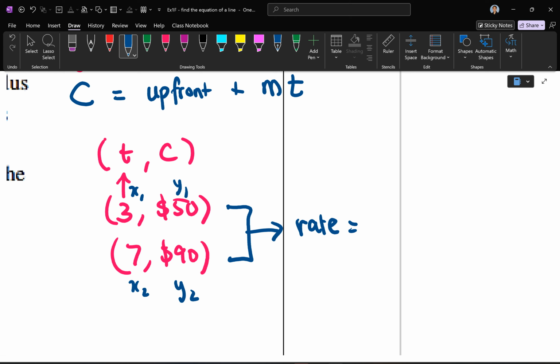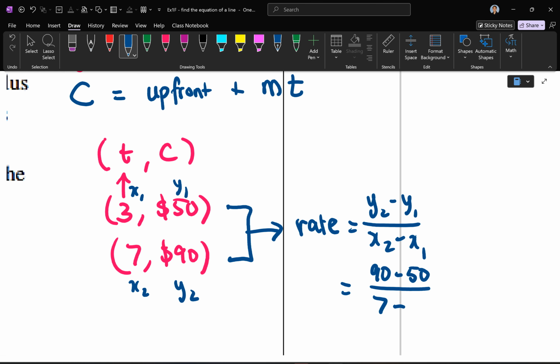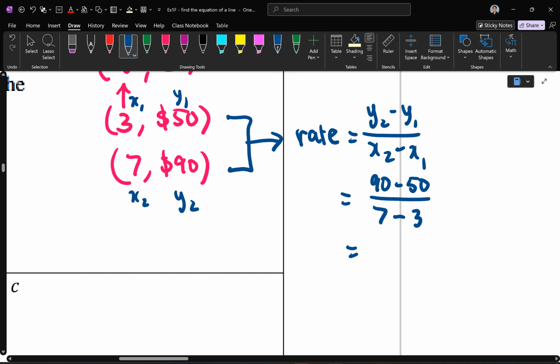The rate should equal Y2 minus Y1 over X2 minus X1. Y2 is 90, take away Y1, which is 50, over 7 hours versus 3 hours. So this is your average rate. Your rate is 90 take away 50, which is $40 per 4 hours.